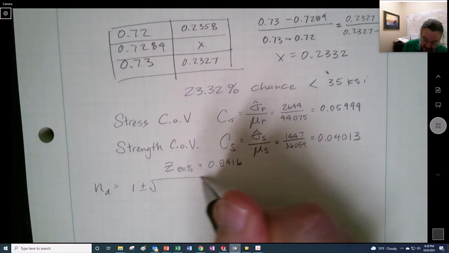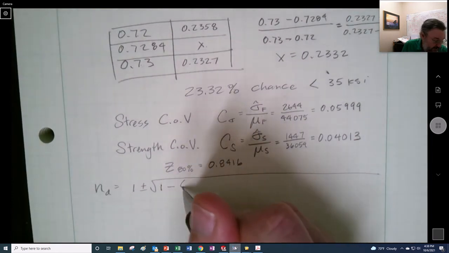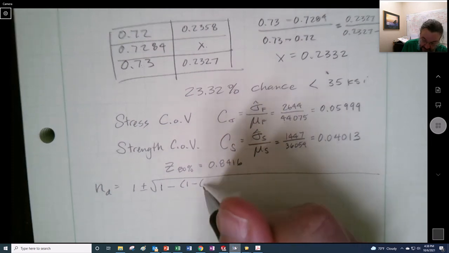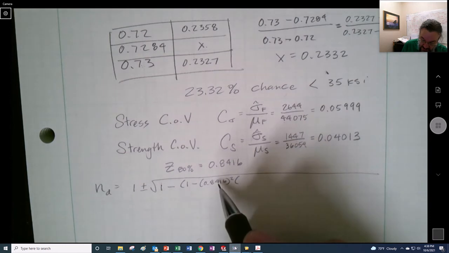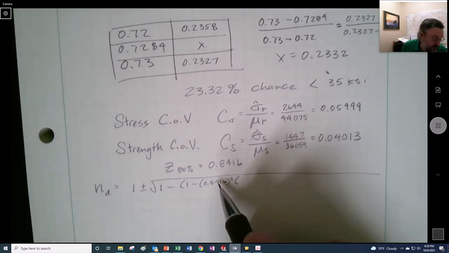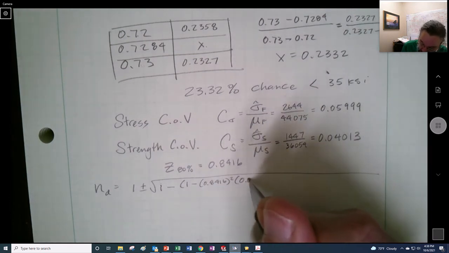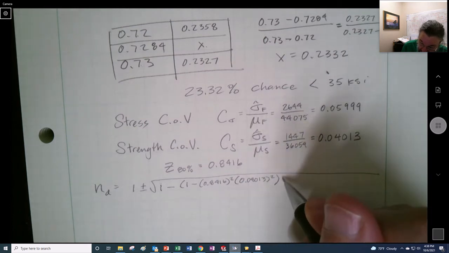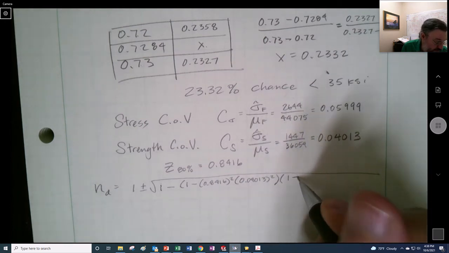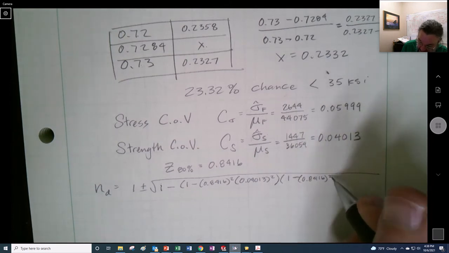And then we plug that back into this very long equation that was 1 plus or minus the square root and all kinds of stuff in there. 1 minus z, and then it goes CS first. It doesn't matter, does it? 0.04013 squared, times 1 minus 0.8416 squared.